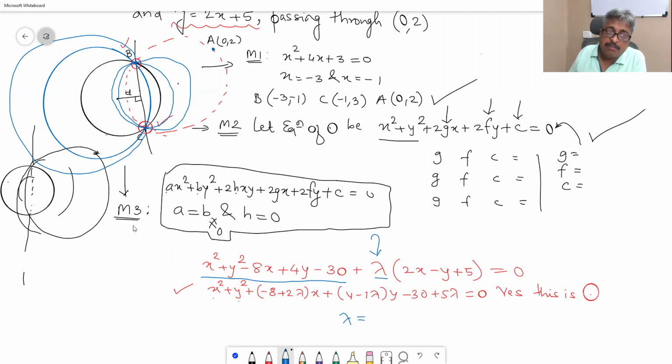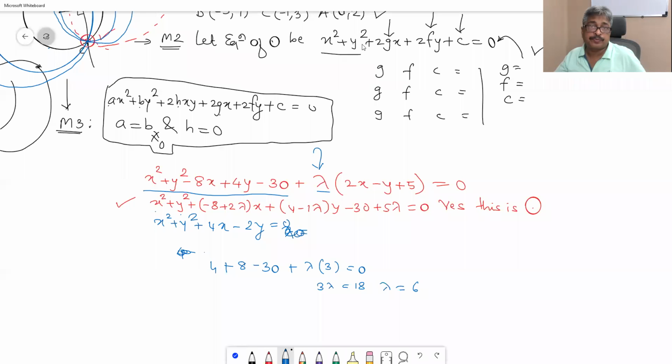However, in method number 3, we are bypassing this; we are not finding B and C, we are directly finding the equation of the circle. So do the necessary calculations: put (0, 2) in the original equation and get the value of lambda. You get lambda is equal to 6 and hence you get the equation of the circle.